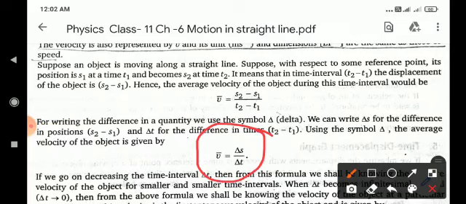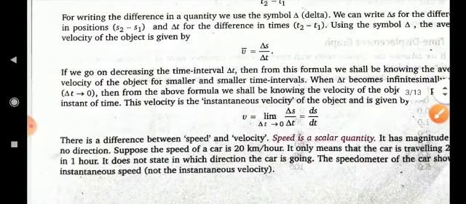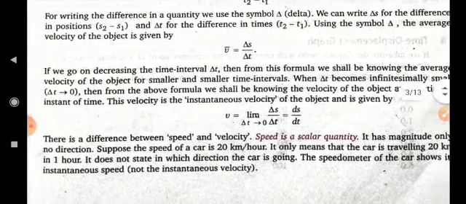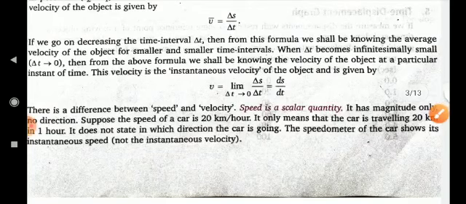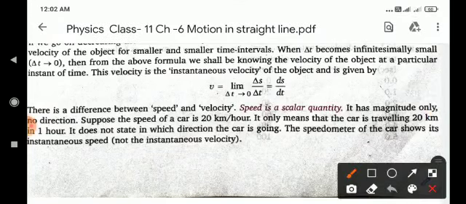Right? For instantaneous velocity, we define velocity as the limit of delta t tends to 0 of delta s upon delta t, that is ds upon dt.